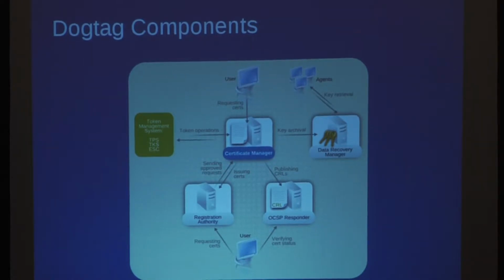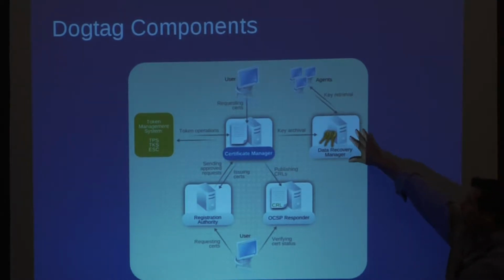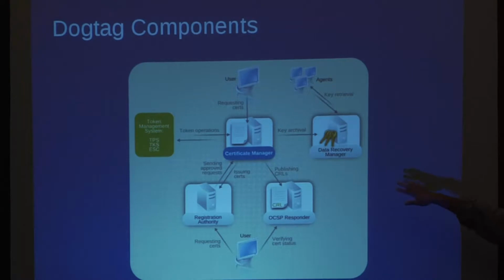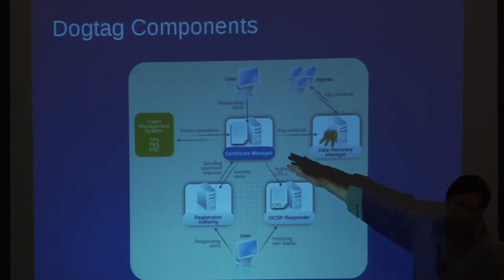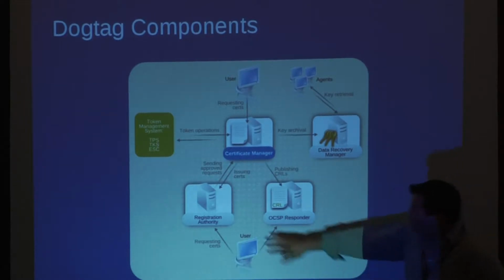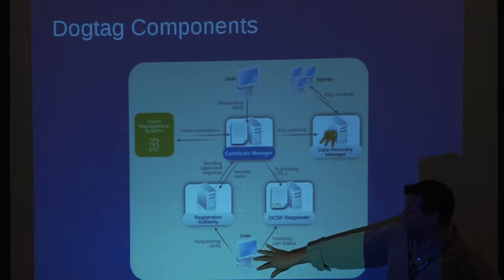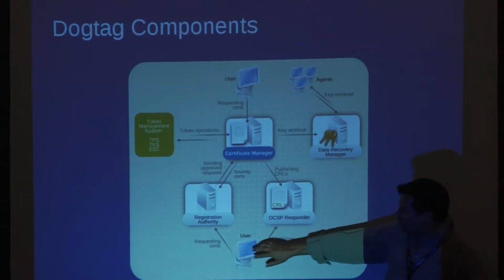So, the various components of Dogtag: we have what we call the DRM, the Data Recovery Manager. That's where the keys are stored. We have the Certificate Manager, or the CA, the Certificate Authority. We have registration authorities and OCSP responders. So if you imagine over here, a user requests certs.